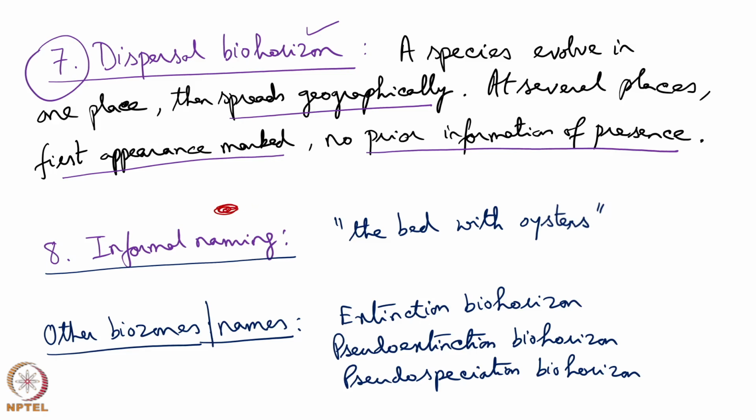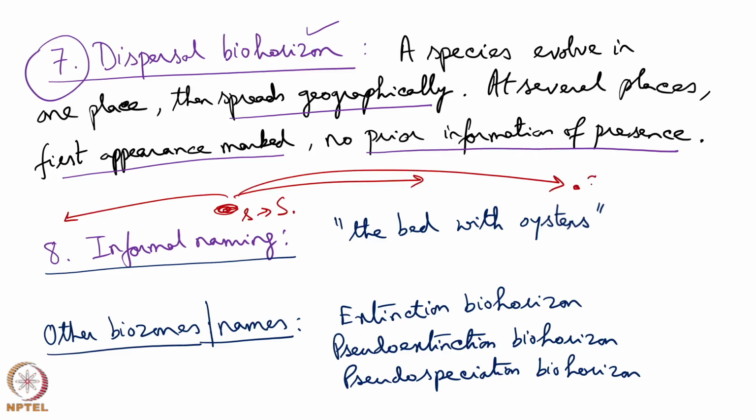Say this is the place where a new species has come from s to capital S. Now this got widely spread in different places, and here we are finding S. If they were spread very fast, then we can say that these 3 or 4 places of capital S can be correlated.